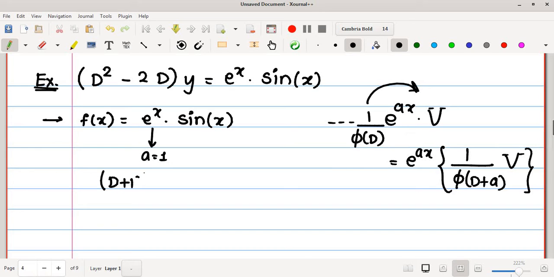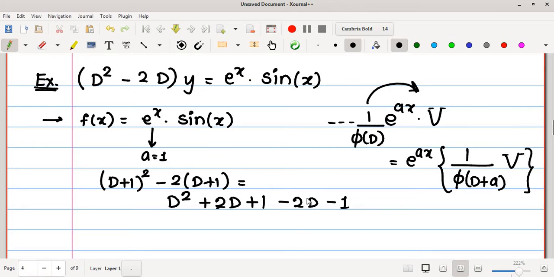So this will be (D plus 1) square minus 2 times (D plus 1) equal to, if you take the square, D square plus 2D plus 1 minus 2D minus 2. So these terms will get cancelled, and it is just D square minus 1... D square means we have to take the integration of f of x, that is e raised to x into sin x, 2 times. So this is one way to solve this problem by using the shortcut method formula.